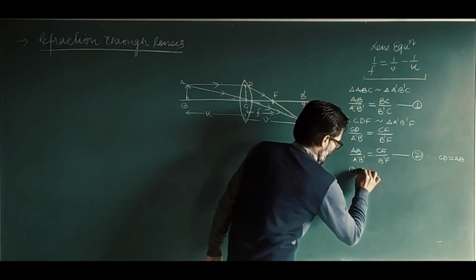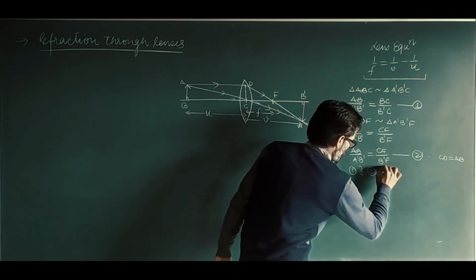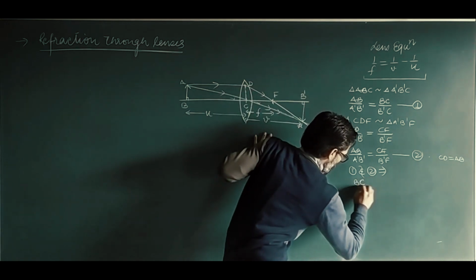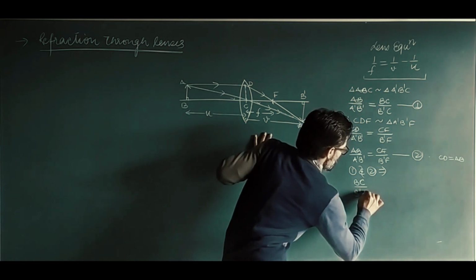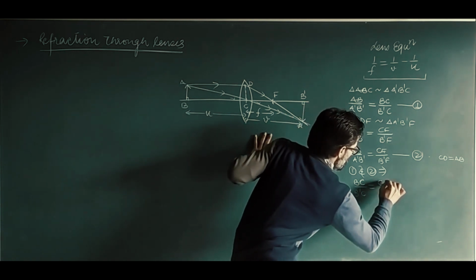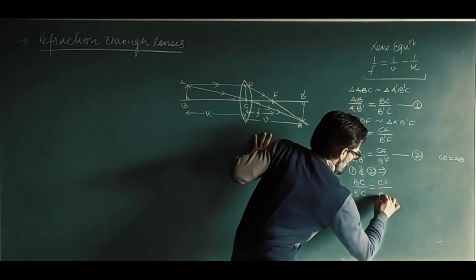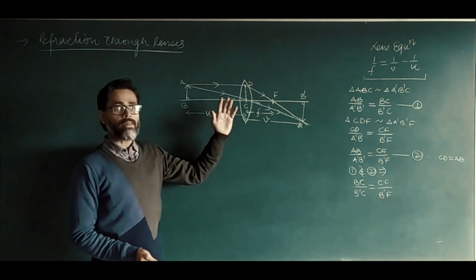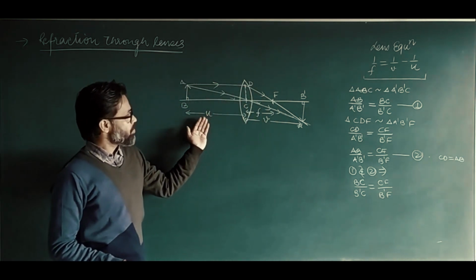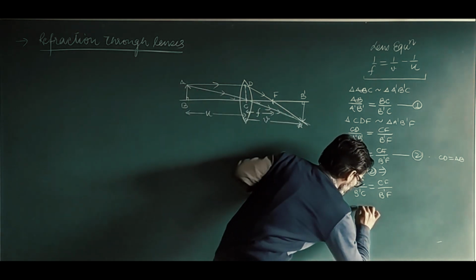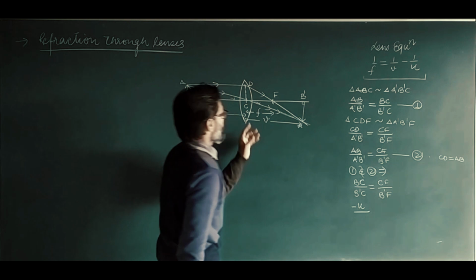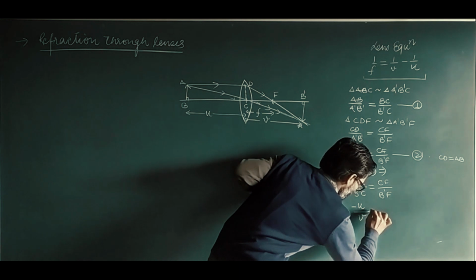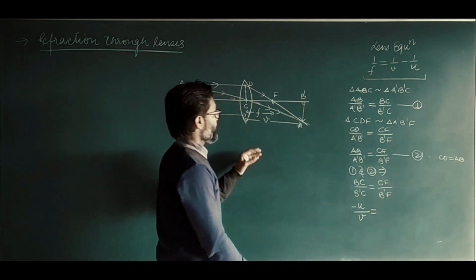Now using equations 1 and 2, just compare these two equations. What we will get? BC upon B dash C equals CF upon B dash F. Here BC lies to the left, so this U will be negative: minus U. B dash C lies to the right, so V is positive.